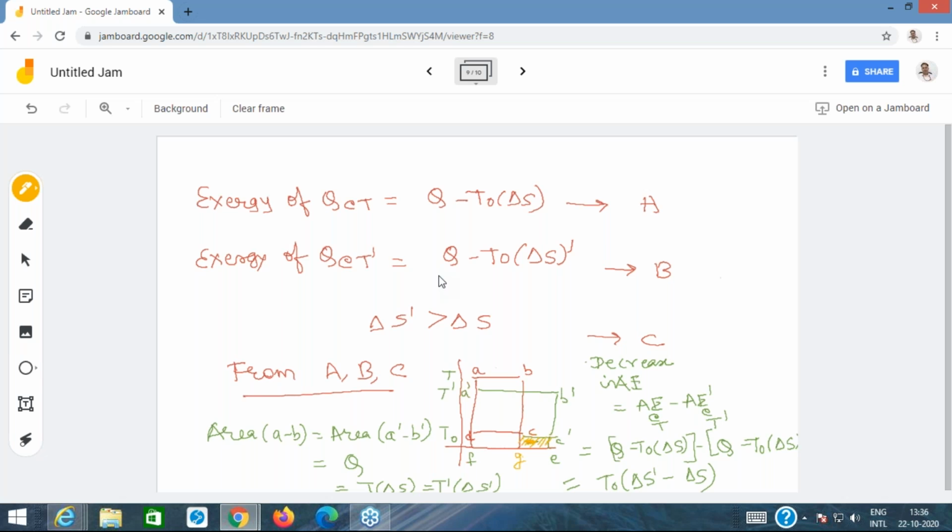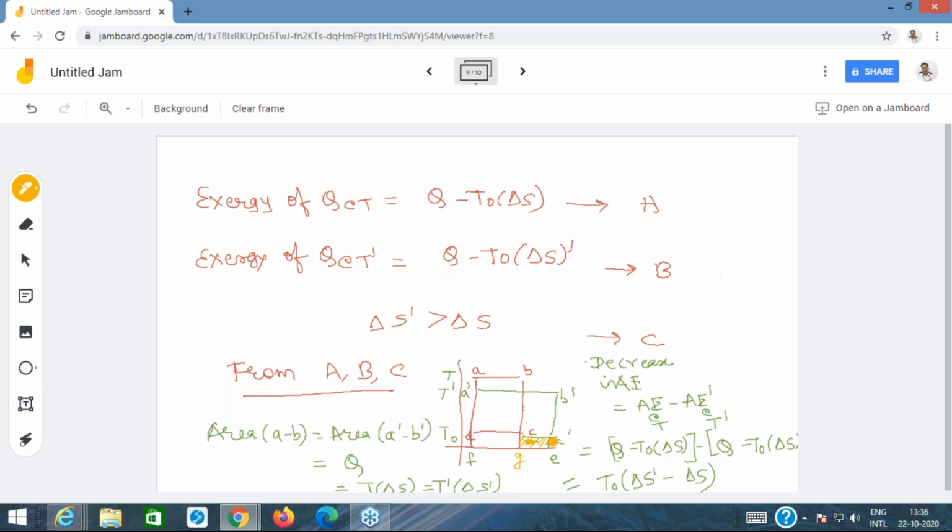It means that the hatched portion which I drew represents the increase in unavailable energy or decrease in available energy because of finite temperature difference heat transfer.